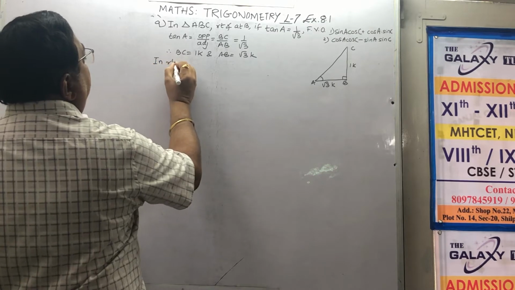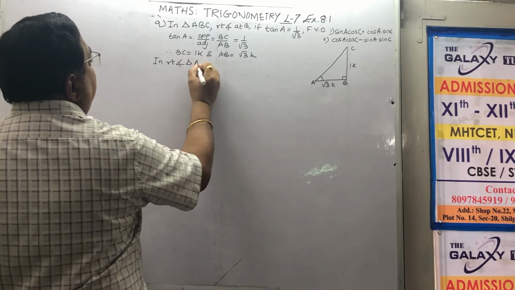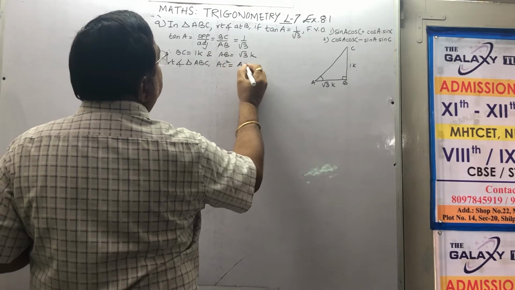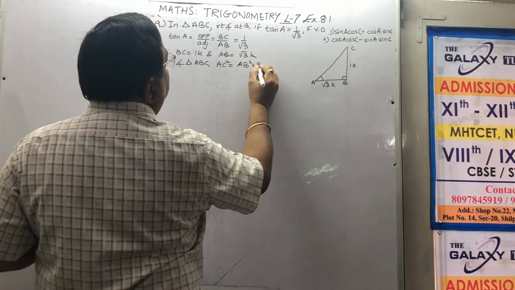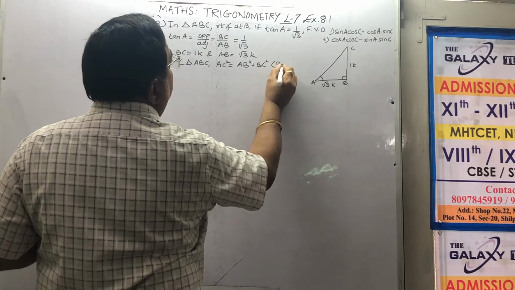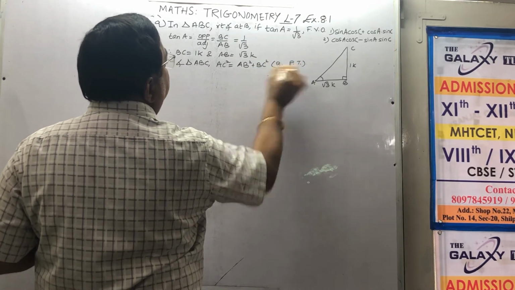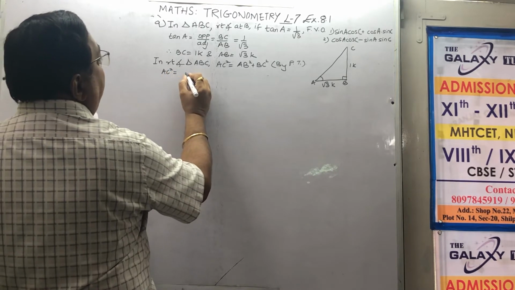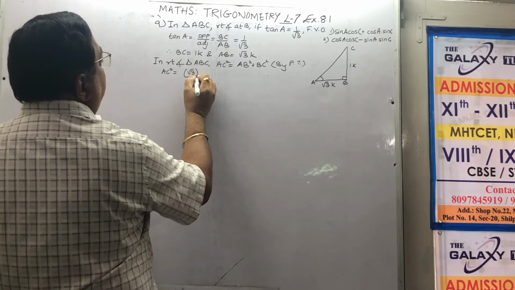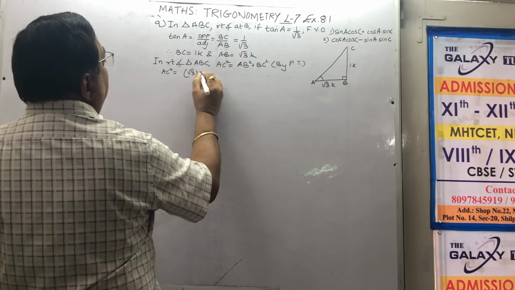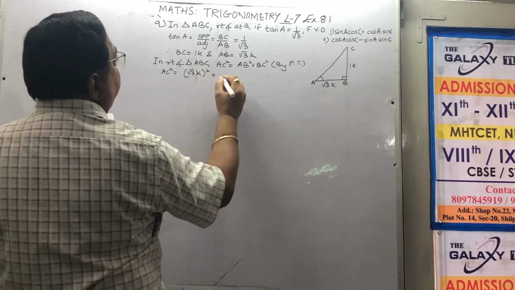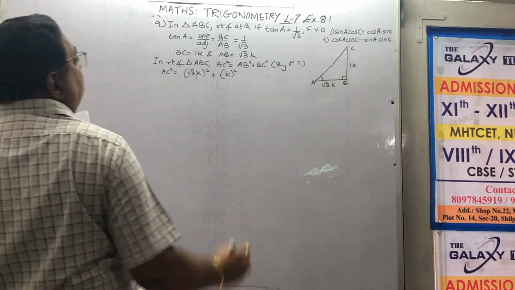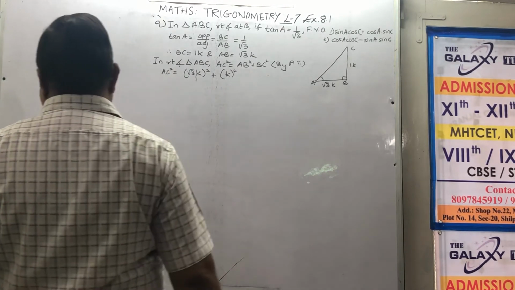In right angle triangle ABC, AC square is AB square plus BC square by Pythagoras theorem. Therefore AC square is root 3K the whole square plus K the whole square.